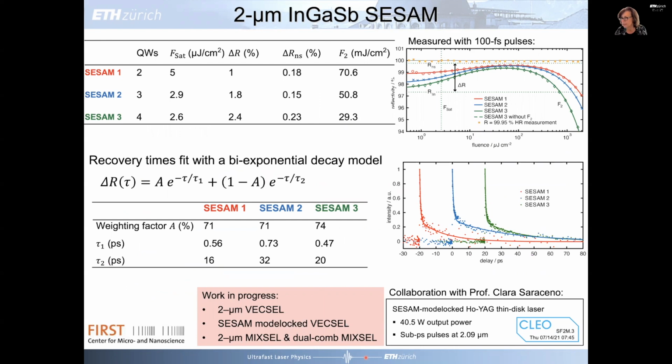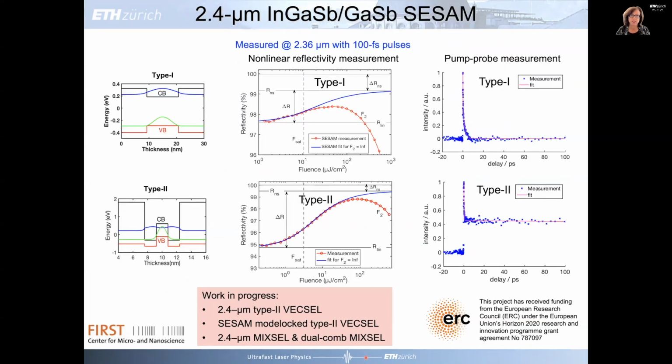Meanwhile, we make these systems available for diode-pumped solid-state laser mode locking where we do not want to do it on our own. And the 2.4 is interesting for us to go in parallel because in that wavelength regime, it makes sense to really explore the type 2, both for SESAM and gain application.